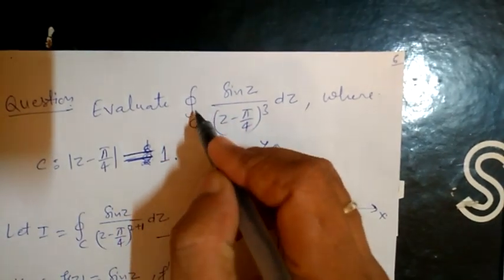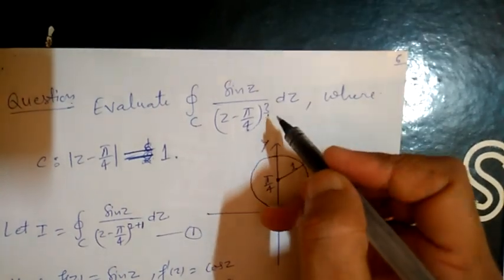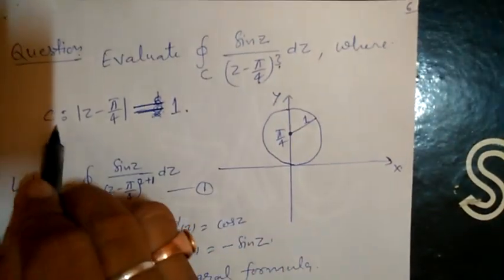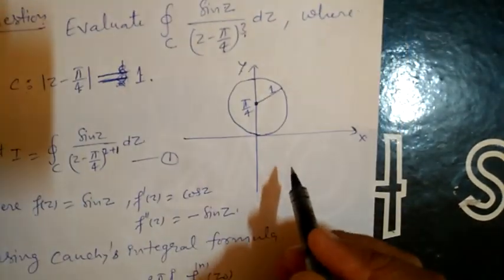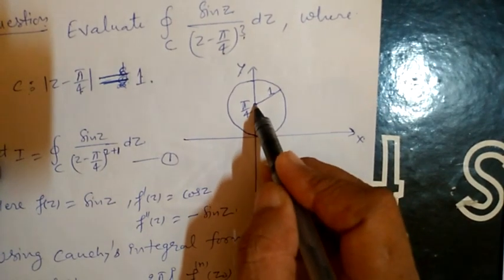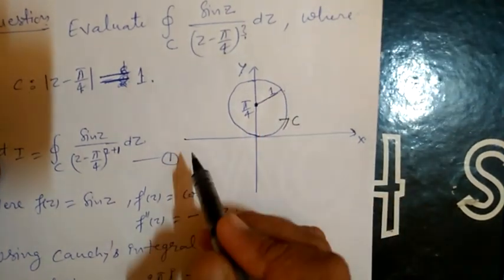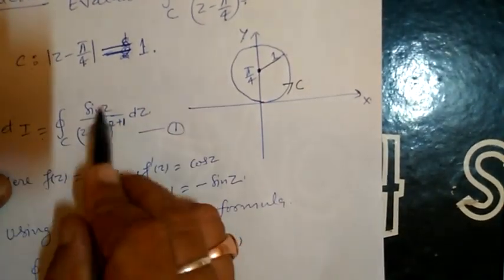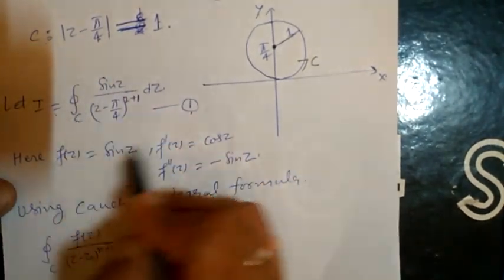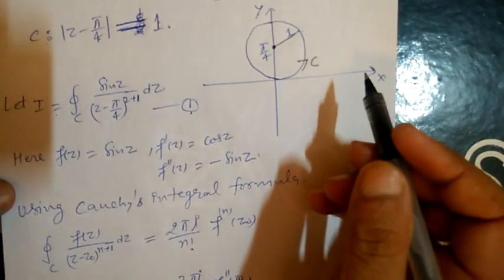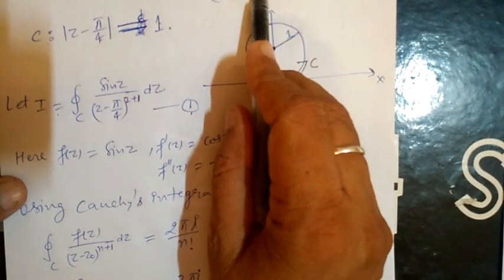The question is: evaluate the complex integral along a closed curve C of sin z upon (z minus pi upon 4) to the power 3 dz, where C is a closed curve with center pi upon 4 and radius 1, that is this one. This is the graphical representation: center pi upon 4 and the radius of this circle C is 1. So let the given integral be I, represented by equation 1, and we compare it with the standard Cauchy integral formula for derivatives, because here the power is greater than 1.